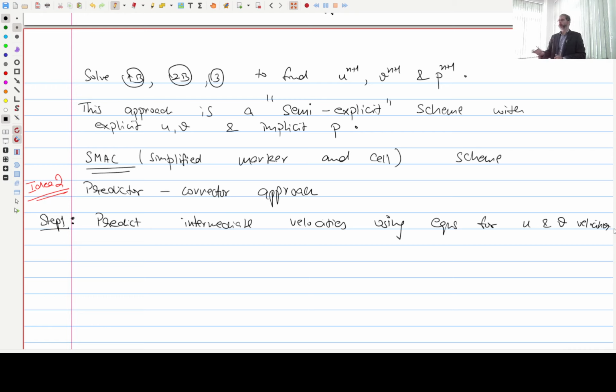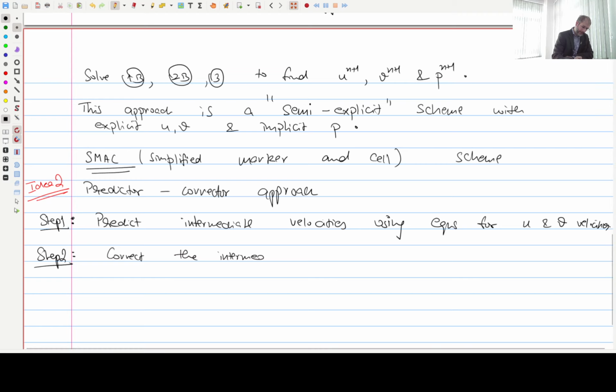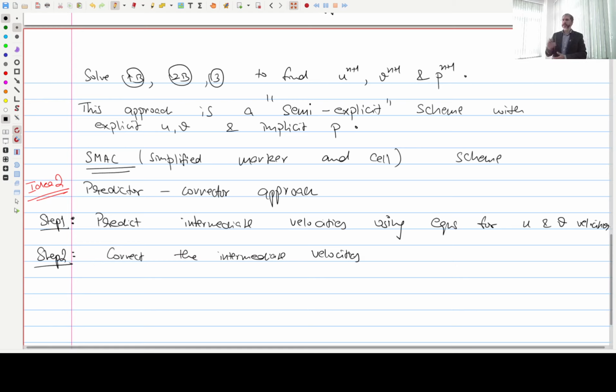And the second step is to correct them. Now you may have guessed that since we are predicting some intermediate velocity, that intermediate velocity will not satisfy the continuity equation. So now we'll correct them. We'll add something to it. That added term may be positive or negative, that doesn't matter.